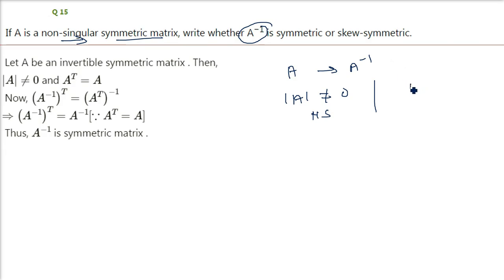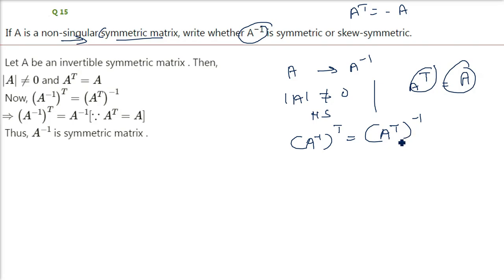This question is saying that A is a non-singular symmetric matrix. What does symmetric matrix mean? A transpose will be the original matrix A. If it were skew symmetric, A transpose would be negative of A. So A inverse transpose is equal to A transpose inverse. This we already know, this is a property. Since A transpose is A, A inverse transpose is A inverse only.